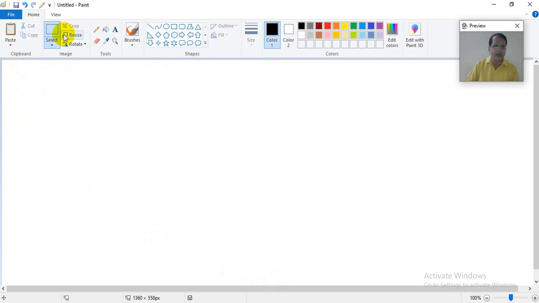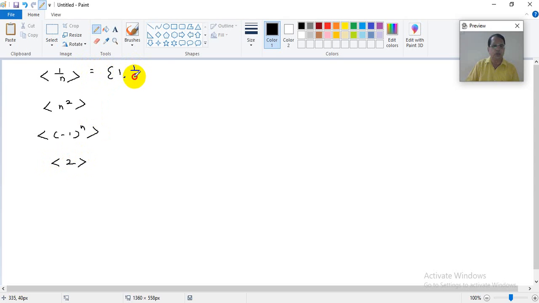See, first you consider the sequence 1 by n, then the sequence n squared, then the sequence (-1) raised to n, and then the sequence 2. It means what? Here the range set is 1, 1 by 2, 1 by 3 and so on, where 1 by n was the general term.